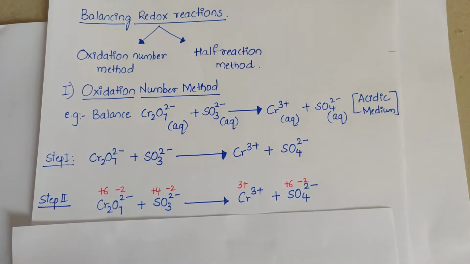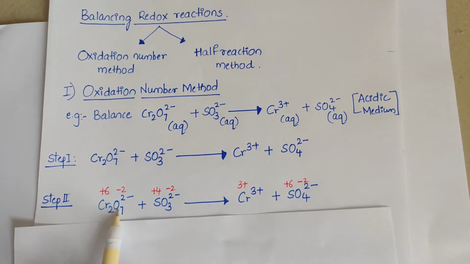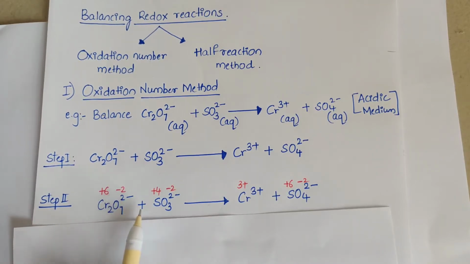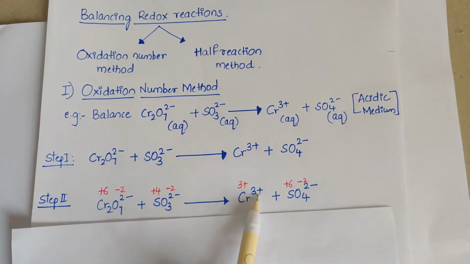Here chromium is in +6 oxidation state, oxygen is -2, sulfur is +4, oxygen -2, chromium is 3+, and here sulfur is +6 and oxygen -2.